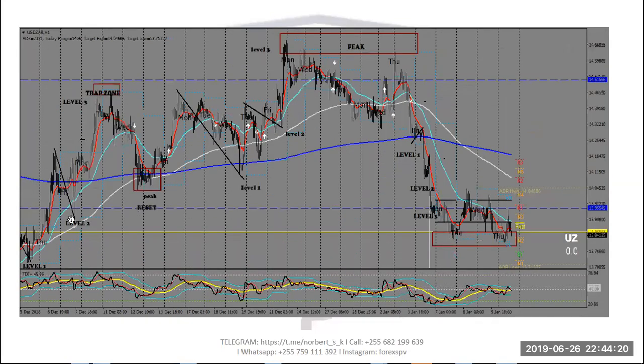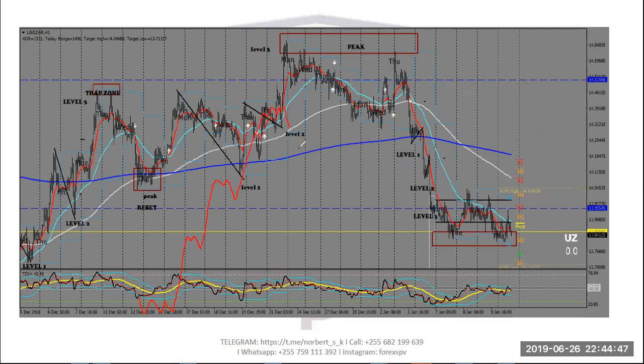This is USD ZAR. Now, how do we define a peak reset? Peak reset is defined as the dealer has moved 3 levels, he has completed the cycle. It forms a peak here, peak formation high.